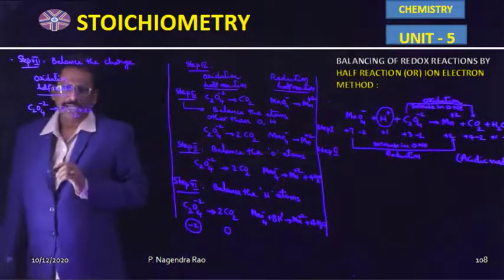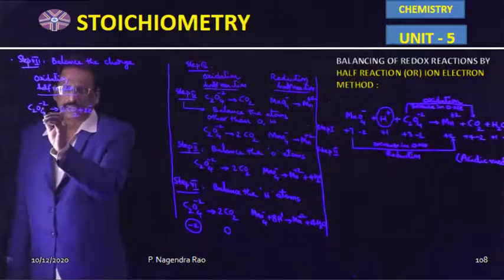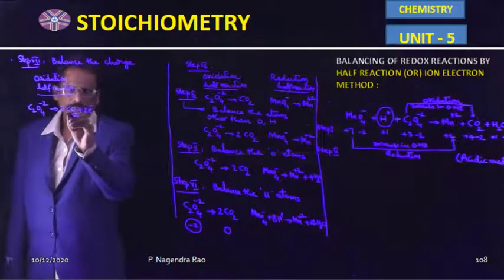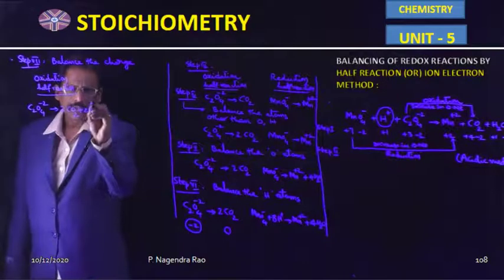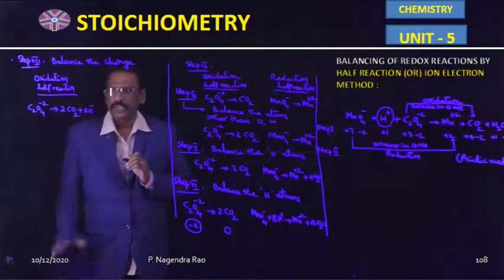So in this half reaction, in the reactant side, charge is minus 2, and in the product side, 0, 2 into minus 1. So charge is balanced in the oxidation half reaction.